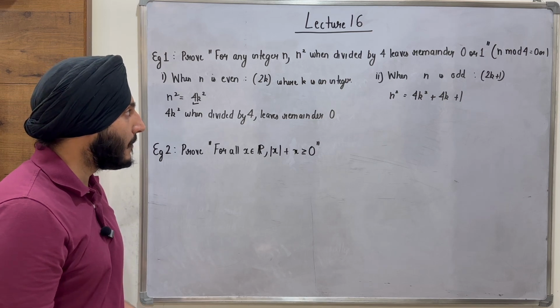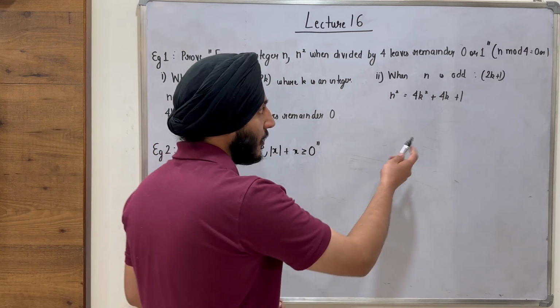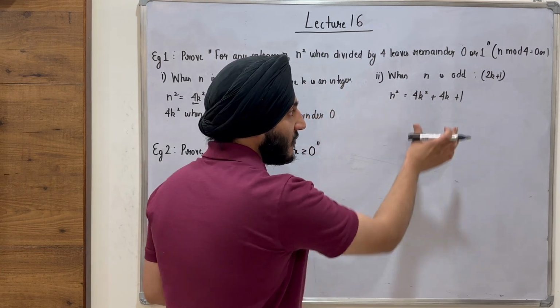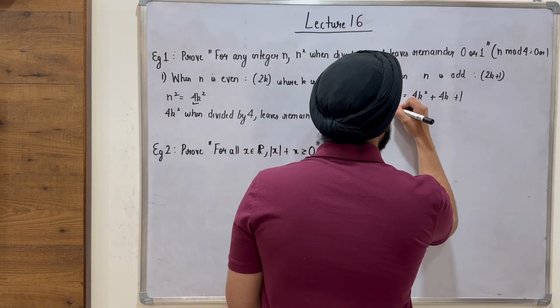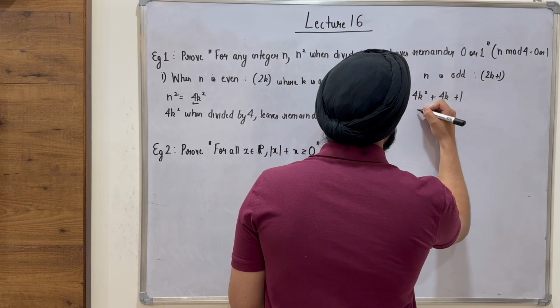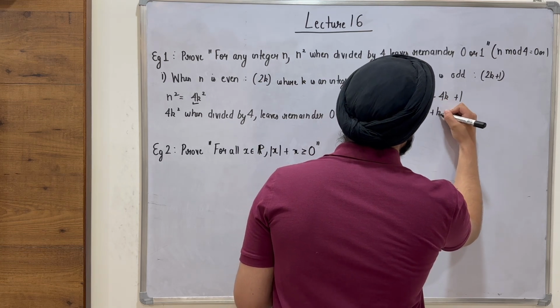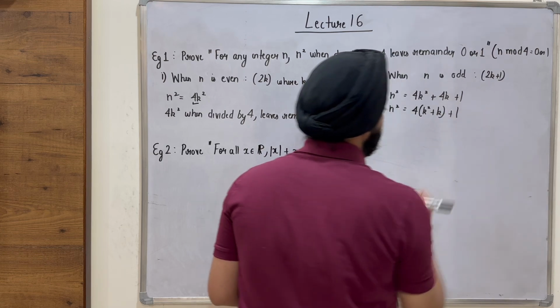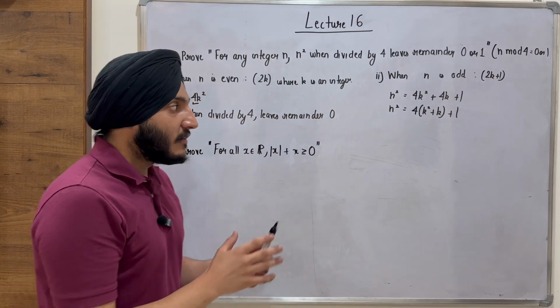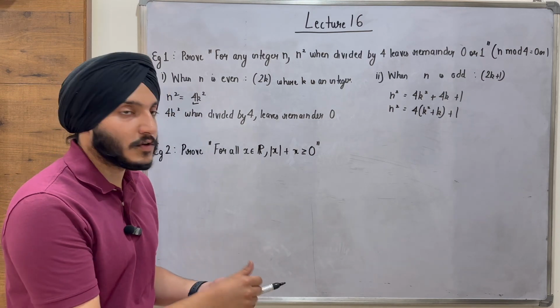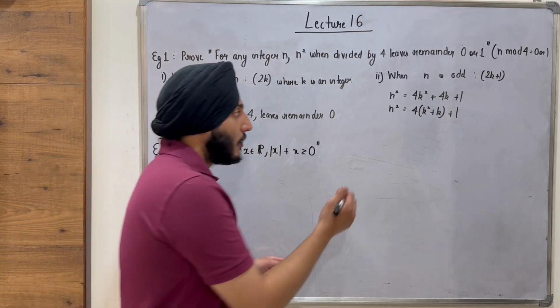Okay. So when n is odd, then n square is 4k square plus 4k plus 1. Once again, I can write it as n square equal 4 common, k square plus k, plus 1. Now think about it, right? This is basically a number which is divisible by 4 with a 1 added to it.